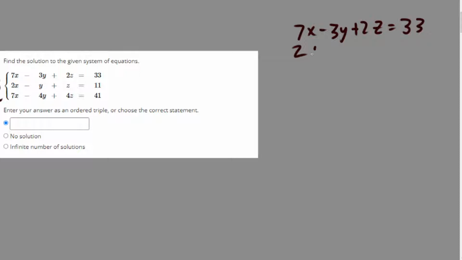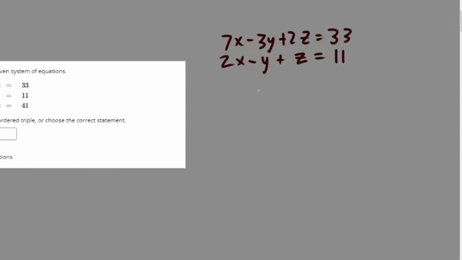And I'll take 2x minus y plus z is equal to 11. What can I do to these equations to make it so I can get rid of z? It looks like I can times this bottom equation by negative 2. So first I have 7x minus 3y plus 2z equals 33.